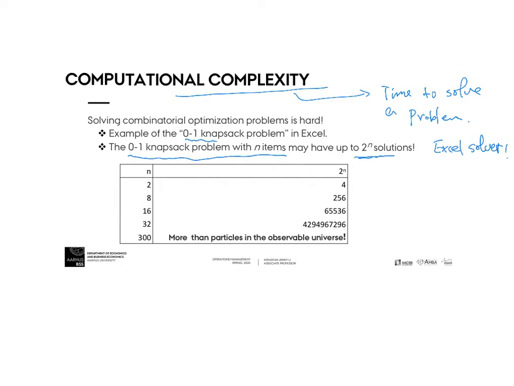When you have 8 items, then you have 256 possibilities. When you have 32 items, the number of potential solutions is a huge number. When you have 300 items, basically it's impossible to solve. So for such large problems, we need an alternative method to solve that.